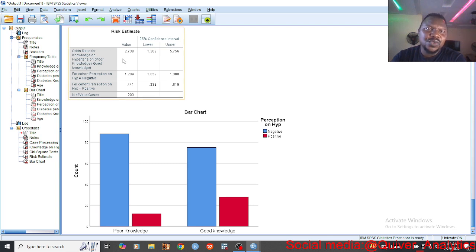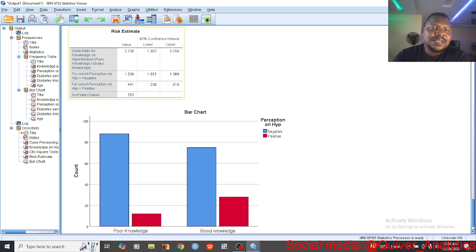Now this is a chi-square. You can see here the odds ratio for knowledge on hypertension, that's poor over good. For odds ratio, your analysis starts from when you are coding the responses. So if you're interested in interpreting your result as good compared to poor, then you would make good come first, then poor coded as 2.